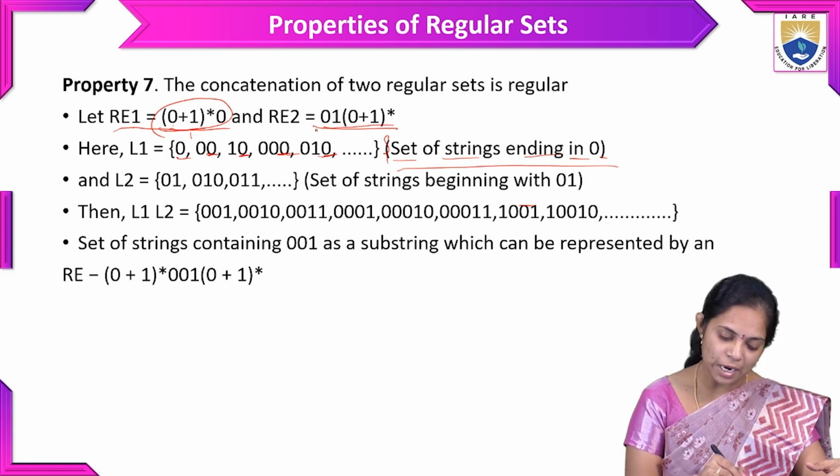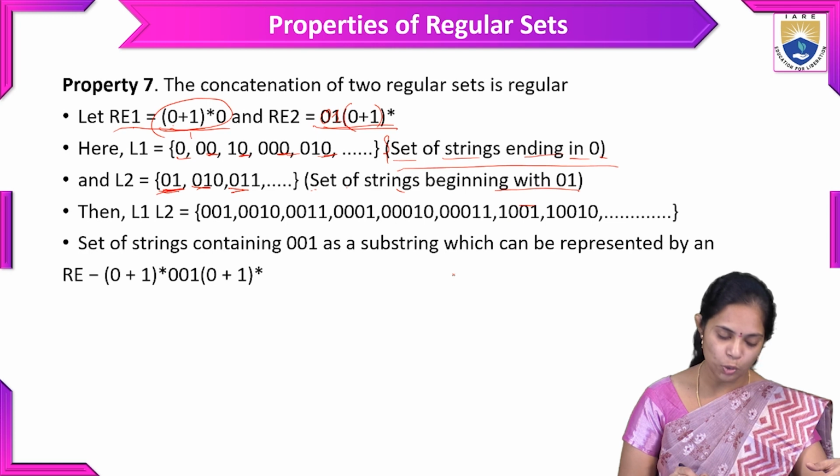The language should start with 01, including epsilon, and the ending would be either 0 or 1. So it is the set of strings beginning with 01.